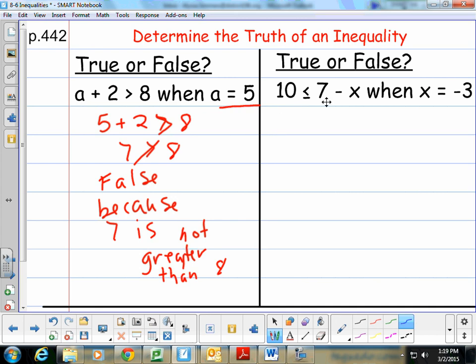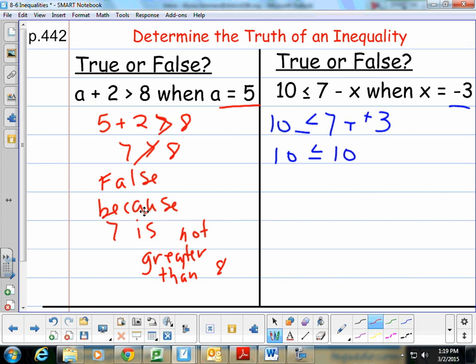So we're saying 10 should be less than or equal to 7 minus x when x is negative 3. So we do 10 is less than or equal to 7 minus, and I replace all of x with negative 3. So I operate: 10 is less than or equal to, chop, chop, 10.